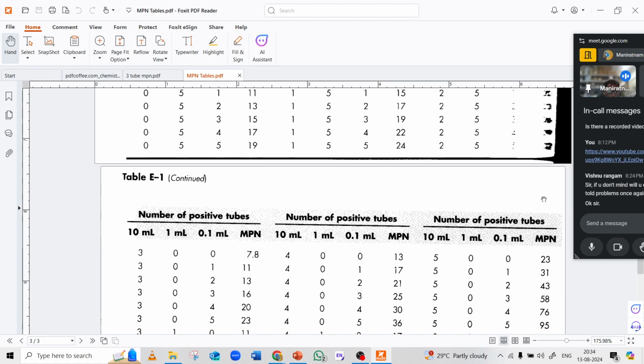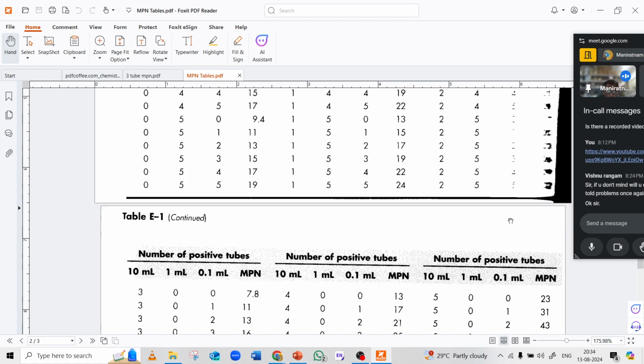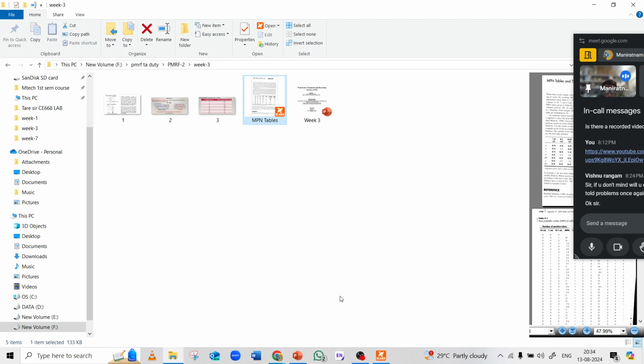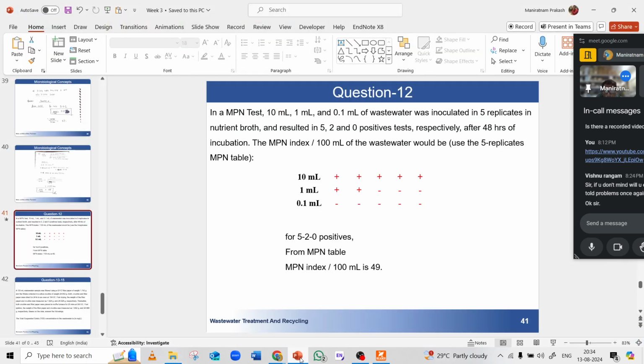You should always check the unit. If nothing is written, it will be MPN per ml. Here the question asks MPN per 100 ml, so the answer is 49 MPN per 100 ml.